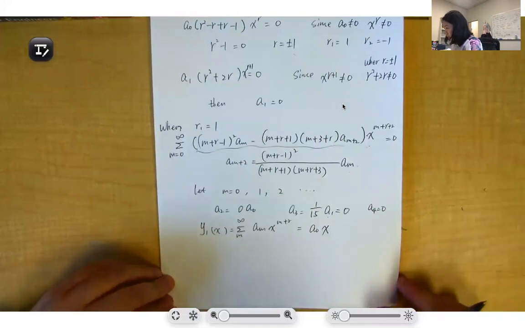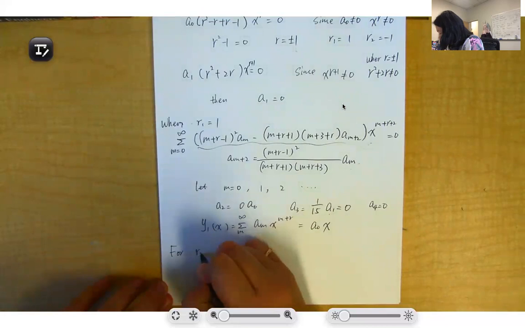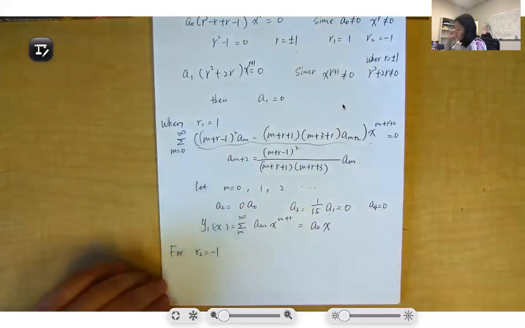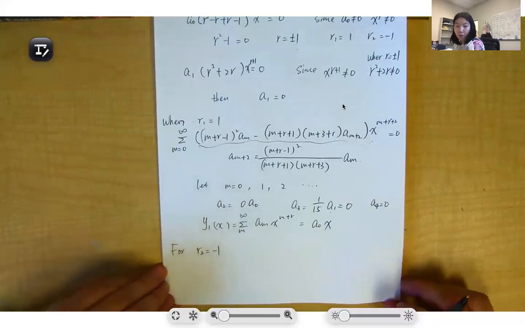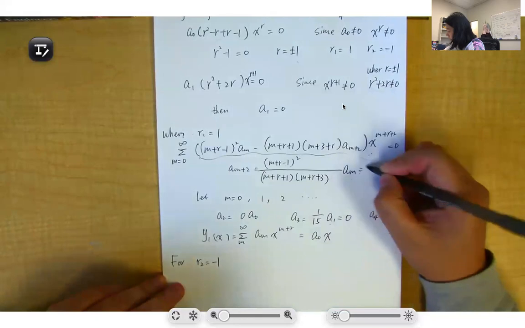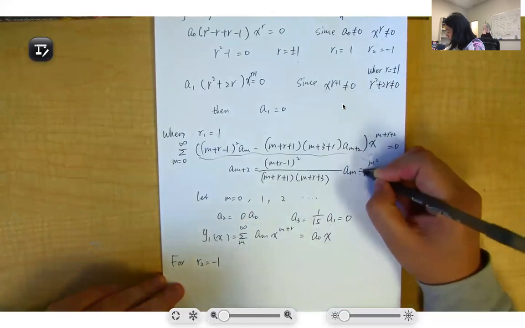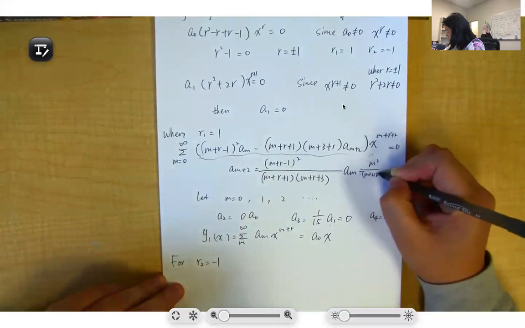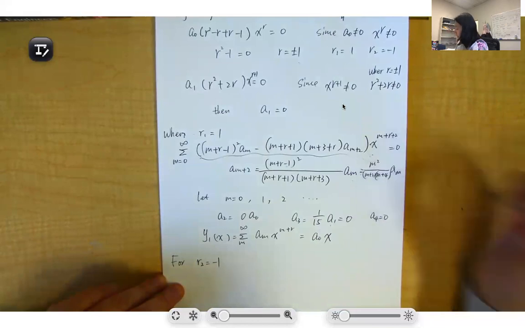Then the second solution for r2 equals -1. Forgot to mention that because r1 equals 1, that will be written as m squared divided by m plus 2 times m plus 4, times am.